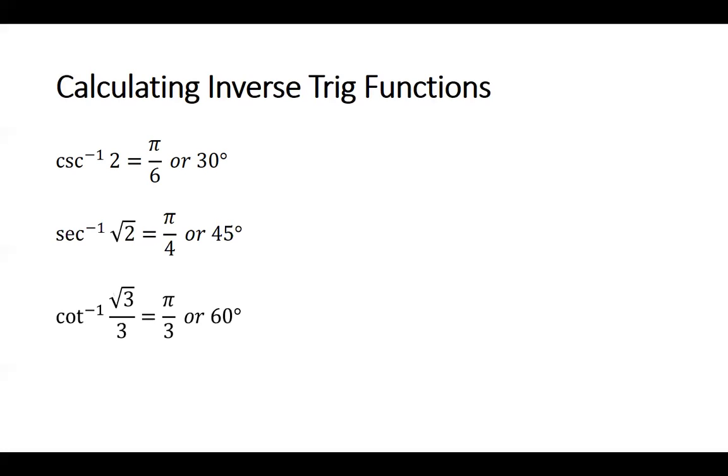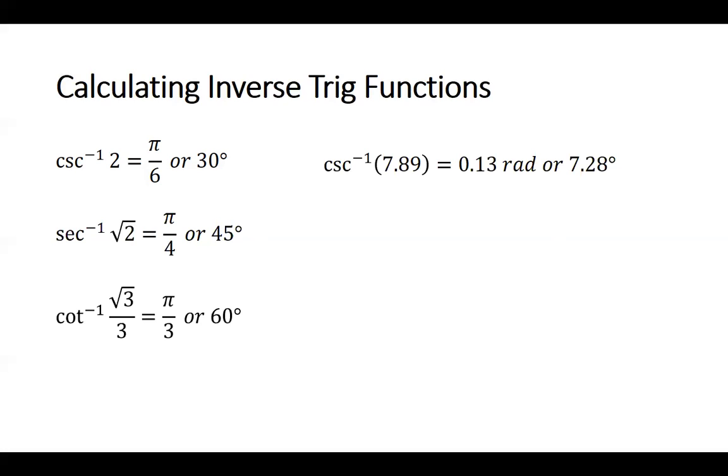And if you have the inverse cotangent of the square root of 3 over 3, that would be pi over 3 or 60 degrees. Again, you can take those right off the unit circle, or you can build your triangles and set up the ratios for cosecant, secant, and cotangent and verify those.